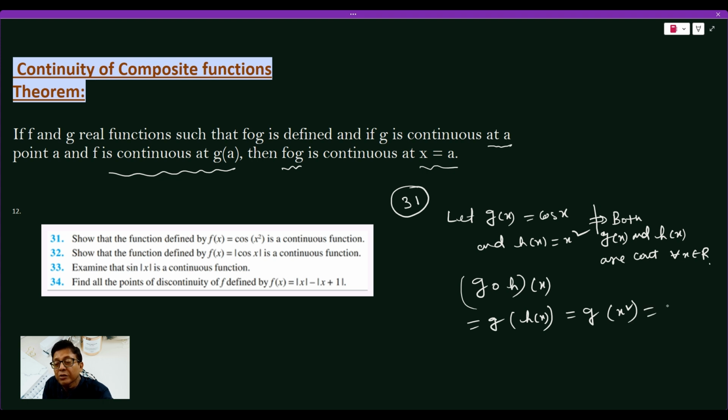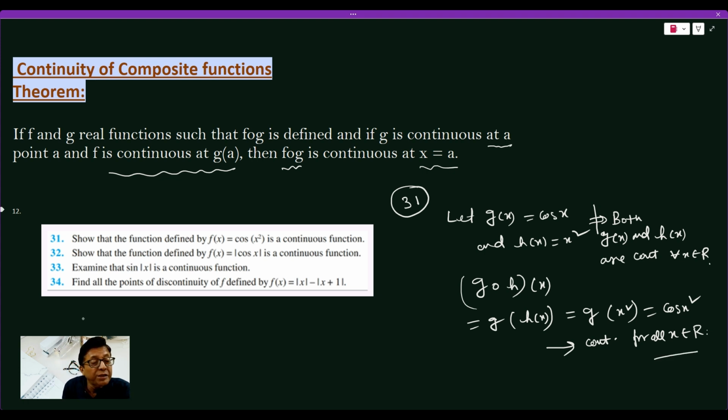But g(x) is cos x, so it is cos of x square. It is continuous for all x belongs to R. So the composite function is continuous everywhere. 32 is also a simple one.